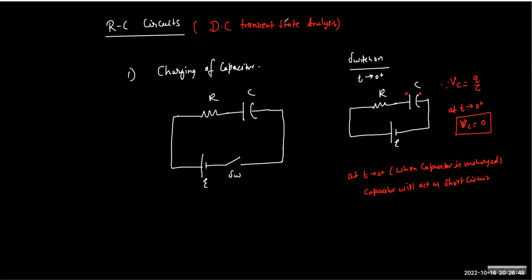So the entire circuit will look like R and E, isn't it? Because we are replacing the C by a wire.